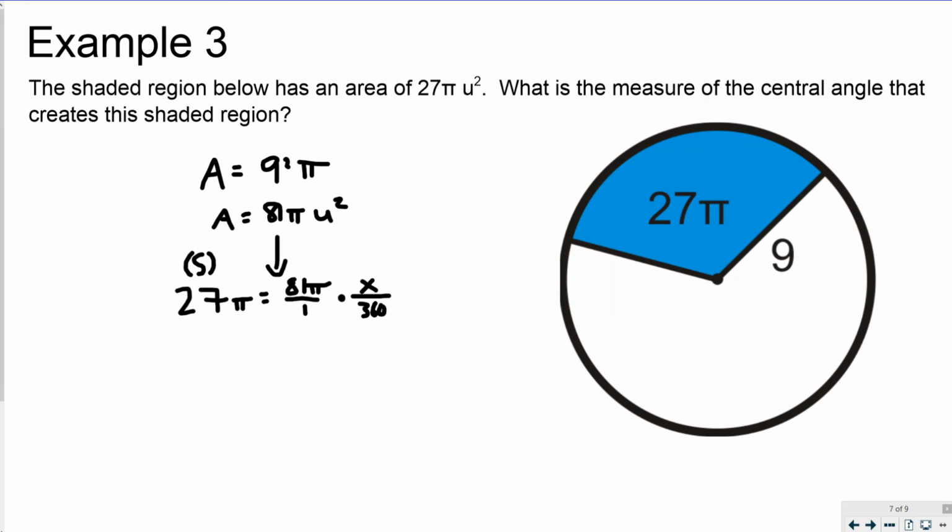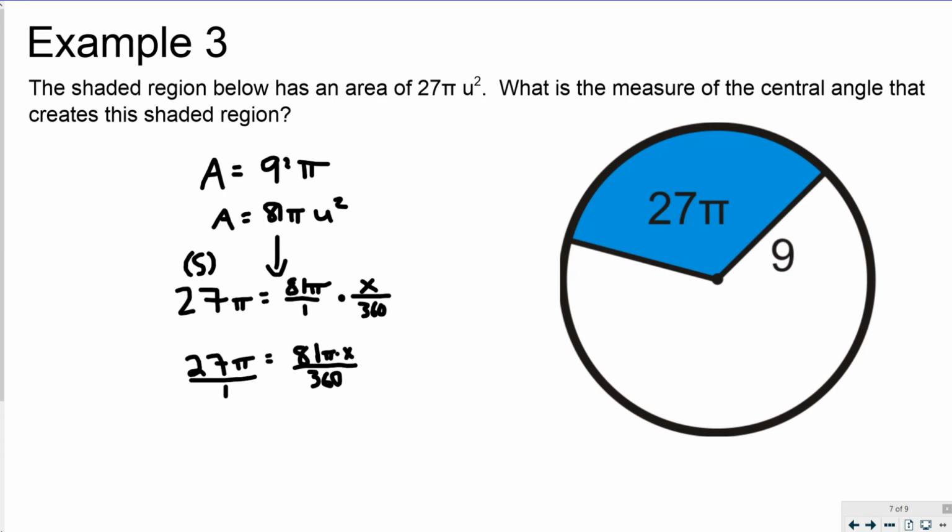So we're going to get 27 pi equals 81 pi x times x divided by 360. And because we have a fraction on one side of the equation, we're going to turn the other side of the equation into a fraction as well.